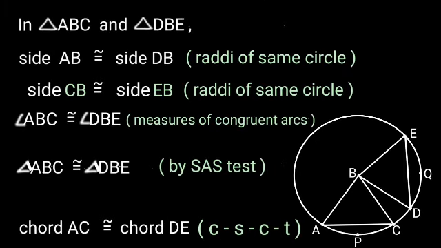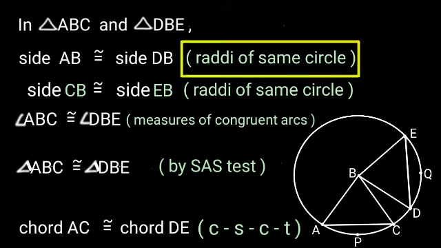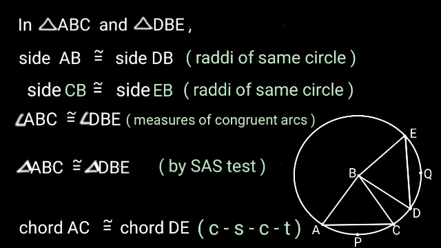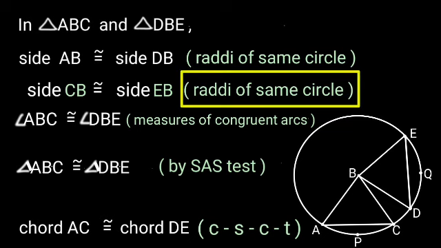In triangle ABC and triangle DBE, side AB is congruent to side DB, the reason being radii of the same circle. Side CB is congruent to side EB, the reason being radii of the same circle.